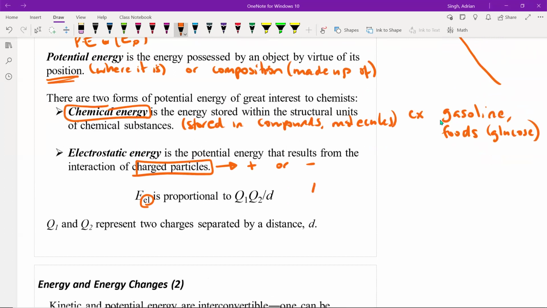So we can say E sub EL is proportional to, and this symbol here is a proportional sign, it kind of looks like the alpha symbol we saw earlier on, the product of Q1 and Q2, which would be the charges of your particles, divided by D, the distance between them.